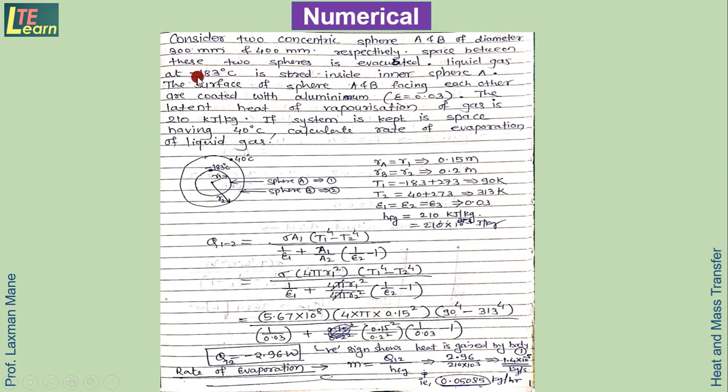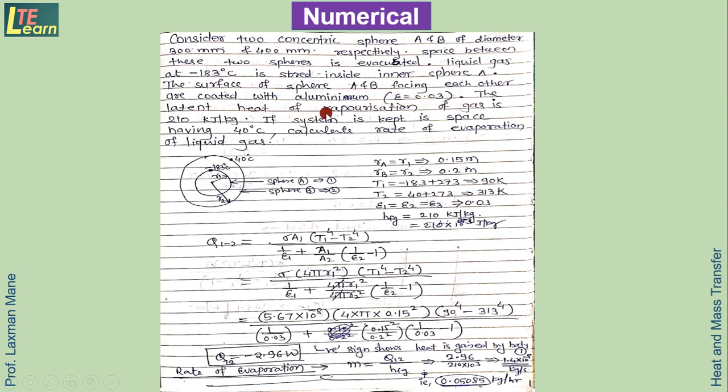Liquid gas at minus 183 degrees Celsius is stored inside inner sphere A. The surfaces of spheres A and B facing each other are coated with aluminium, and the emissivity is given as 0.03.